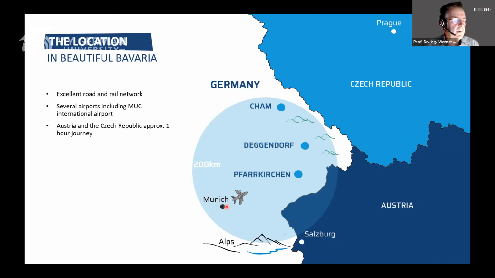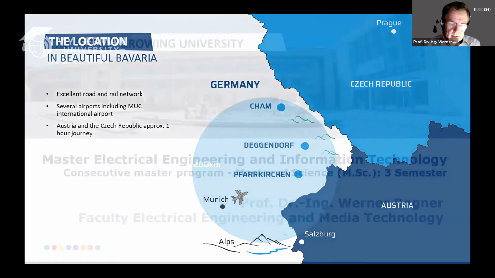And here we have Munich, which is actually well known, I think. So you see, we are right near to all of the important cities in Bavaria. We are near to Austria. We are near to the Czech Republic.